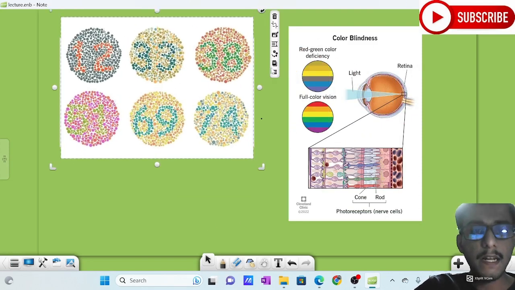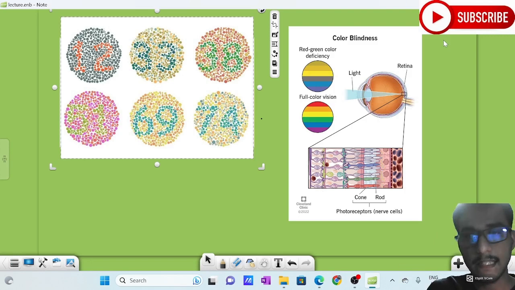What happens in color blindness? From the word color blindness, we can understand that the human being who is suffering from this disease can't see certain colors. He or she is blind for the color. And we know that a person with color blindness has an X-linked recessive trait.